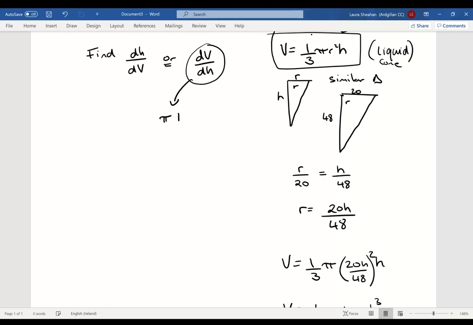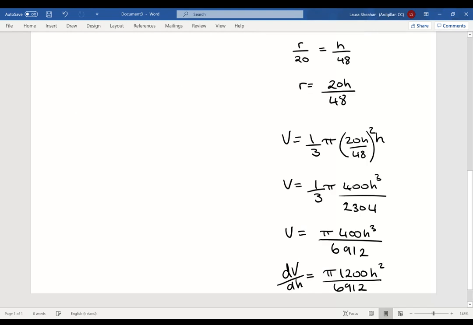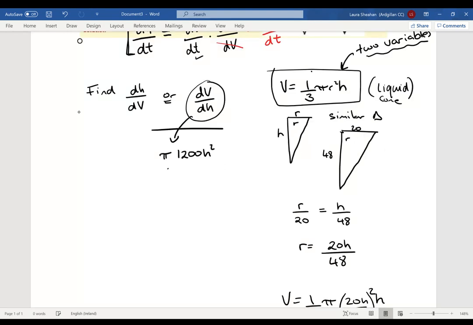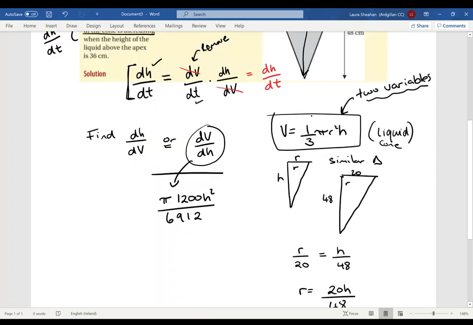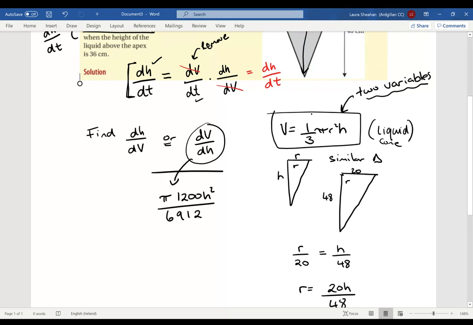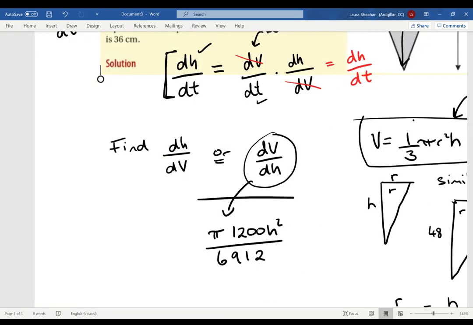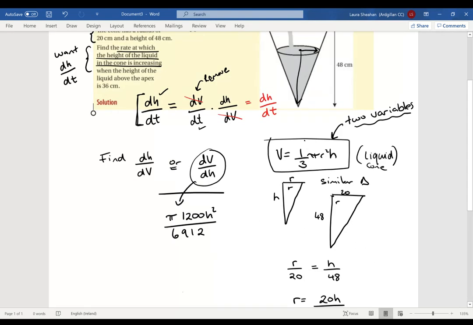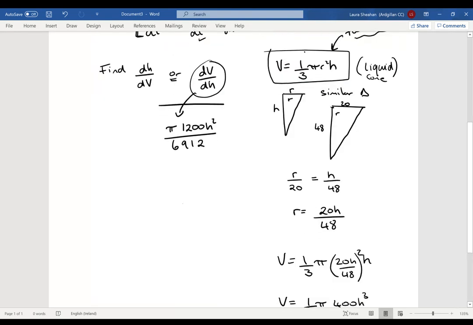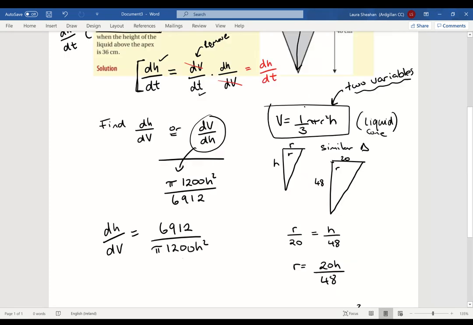I'm going to leave the pi like that for a minute. Now I actually want dh/dV, so to get dh/dV, I'm simply inverting the fraction. dV/dh was this; dh/dV, I'm just flipping it around, so 6912 divided by pi 1200 h squared.